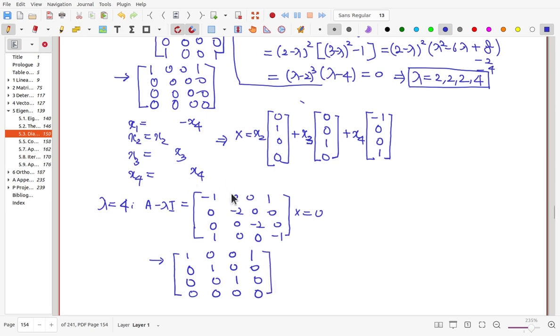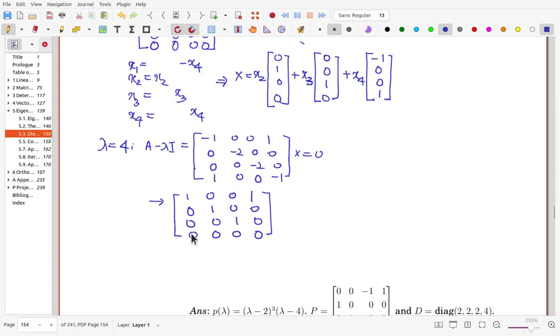From this, x4 is a free variable, minus x1 is minus x4, and x2 equals 0, x3 equals 0, and x4 is free.